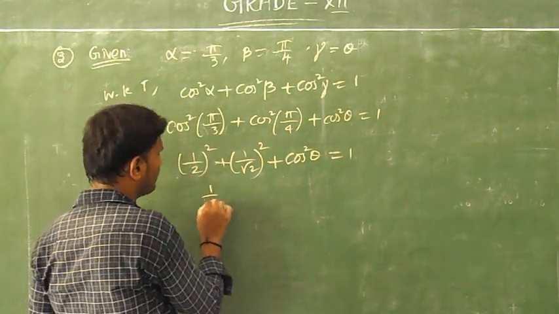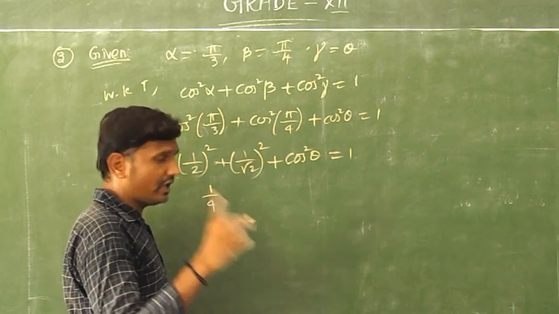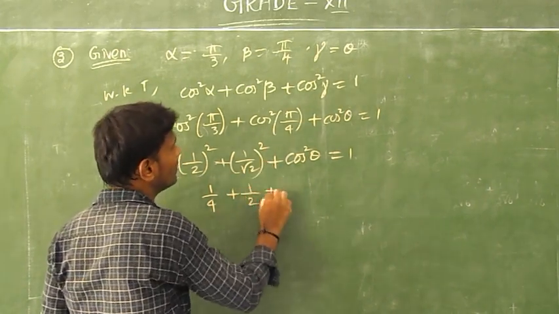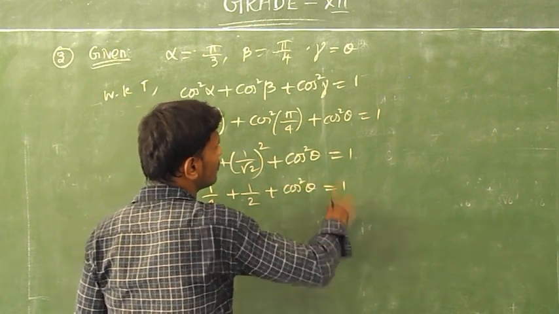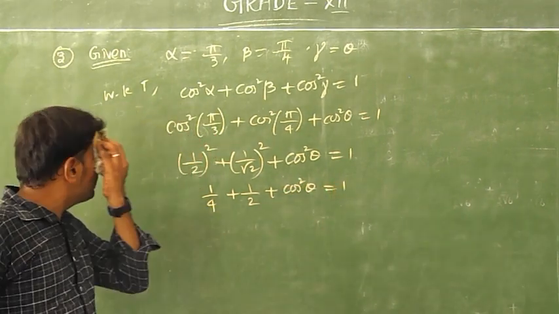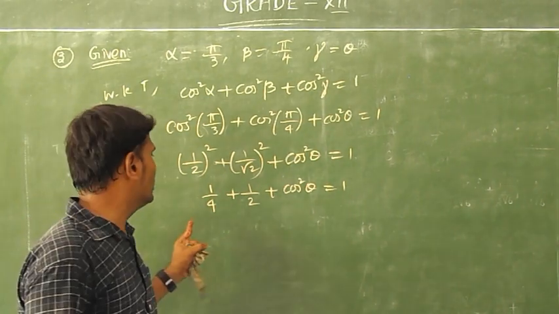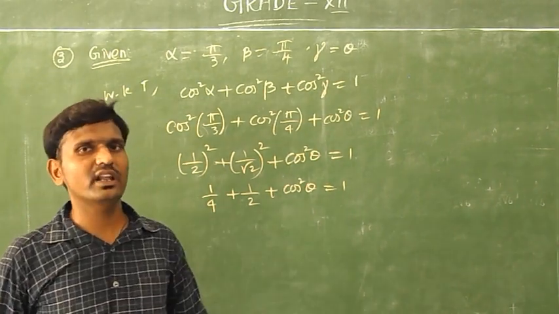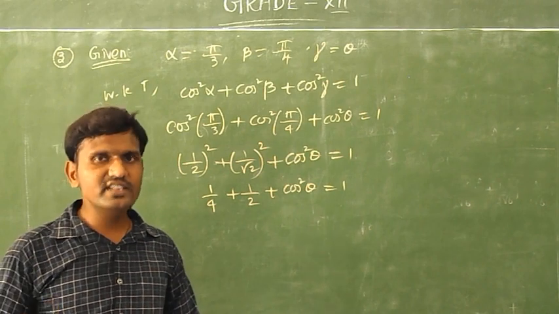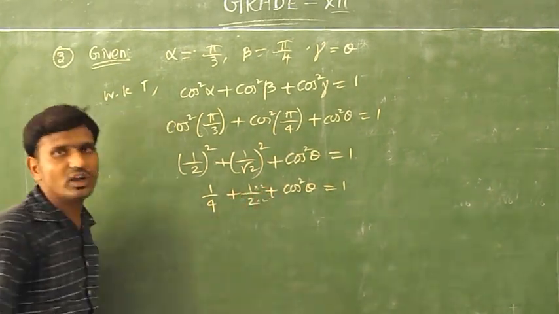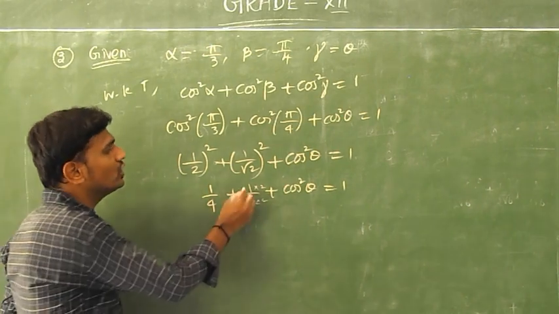Now tell me, 1 by 2 the whole square is 1 by 4, plus 1 by 2 the whole square is 1 by 2, plus cos square theta is equal to 1. For 1 by 4 plus 1 by 2, add as a simple fraction, 1 by 4 plus 1 by 2, or take the LCM and multiply by 2, so 2 ones are 2.